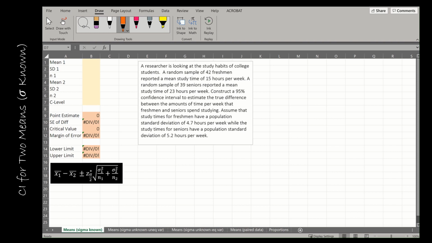Let's take a look at our first question, and before I get started into how I've set up Excel and what the question is asking, I really want to talk to you about the fact that I'm helping you with how to set this up in Excel, but it's more important not that you can regurgitate what I have written in Excel, but that you understand what I have done.